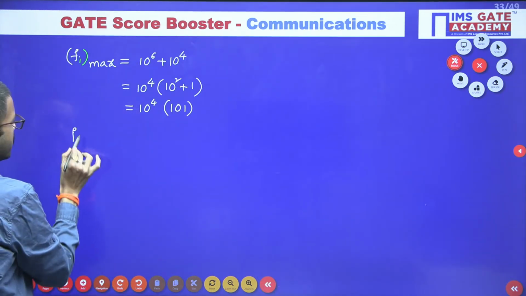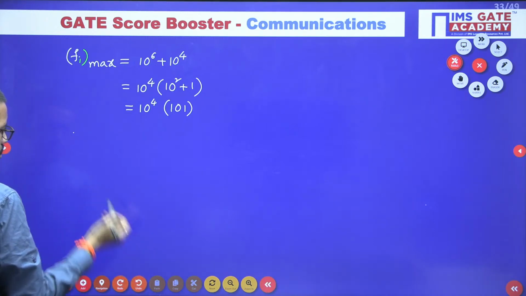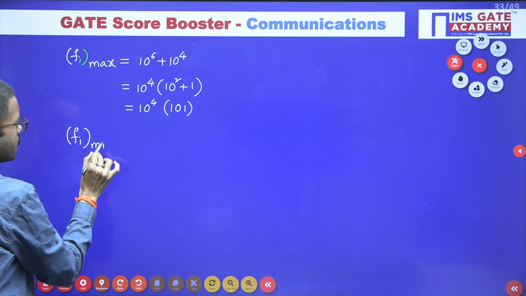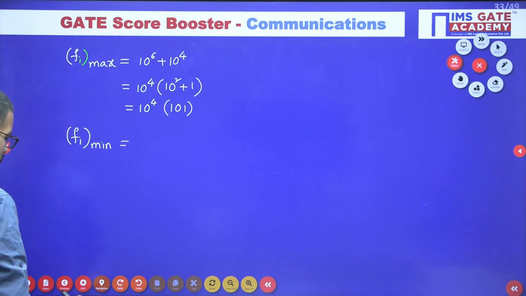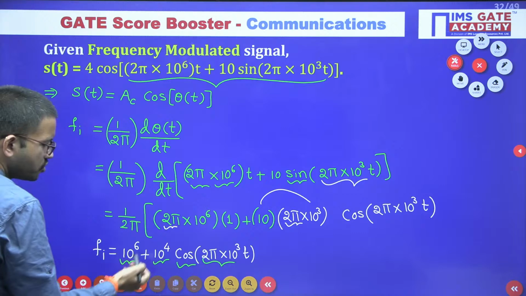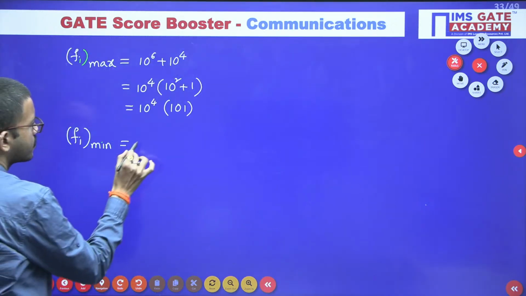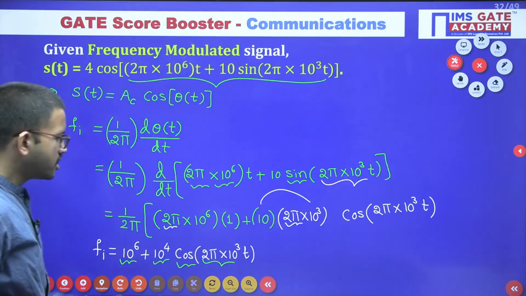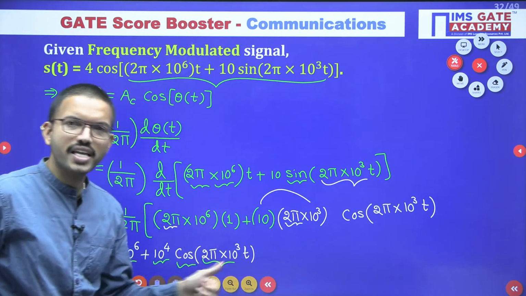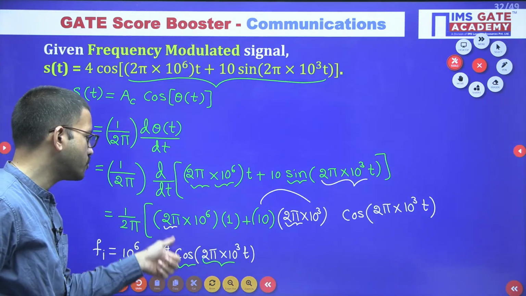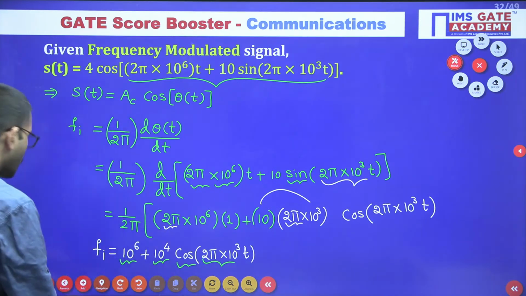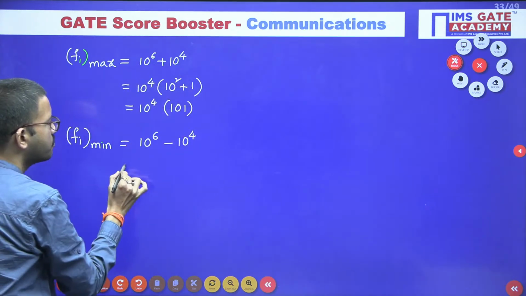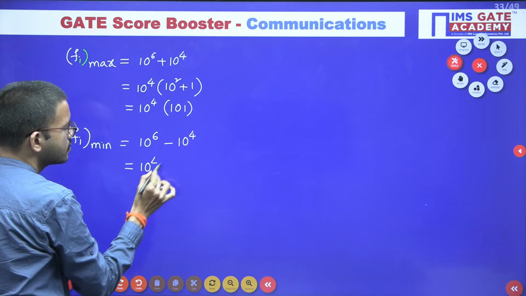Similarly, regarding Fi min, or instantaneous frequency minimum, 10 power 6 you can copy as it is. Now just observe, the cos value minimum is minus 1. So minus 1 into 10 power 4 is nothing but minus 10 power 4.